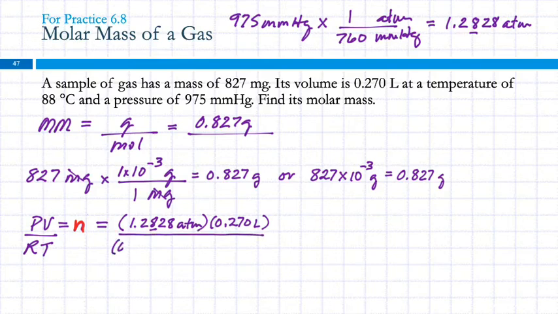Here's the ideal gas constant down here, 0.08206 liters times atmospheres divided by moles times kelvins. And I need the temperature. Temperature has to be in kelvins. 88 degrees C plus 273.15 is 361.15.